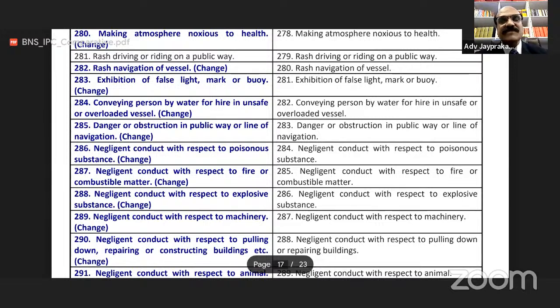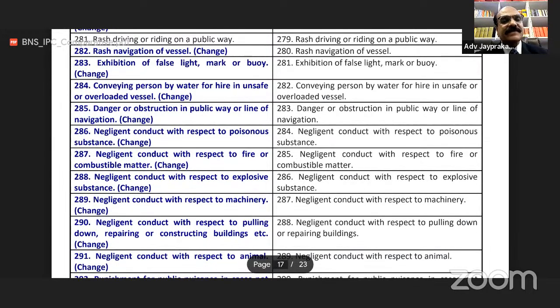Vessel means ship. Rash navigation of vessel. Earlier section was 280 in IPC. BNS section 283, exhibition of false light, mark or buoy. Its earlier section was 281 of IPC.